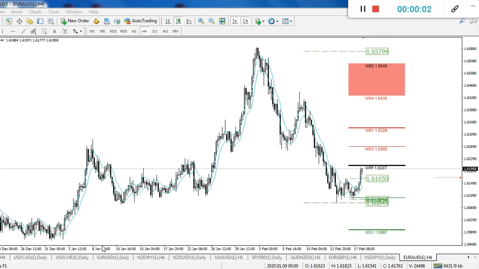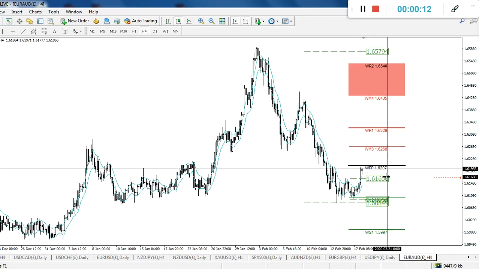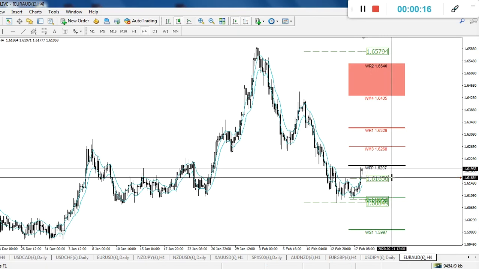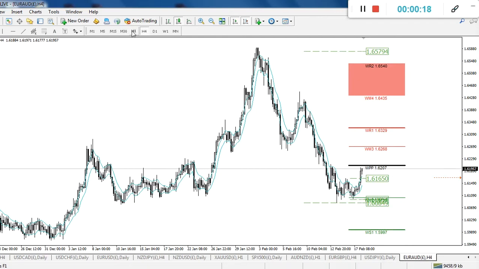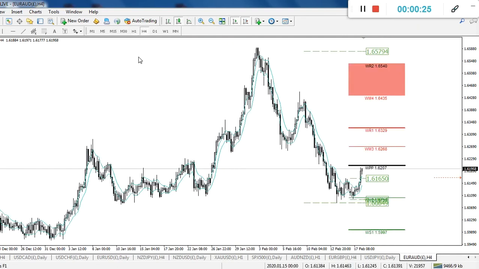Right, the next currency is Euro against Aussie. This one also looks like it's going higher. I was waiting for these retraces back down to that 161.65 area, but as you can see now, it doesn't look like much, but it's already looking like it's going to gain some strength.